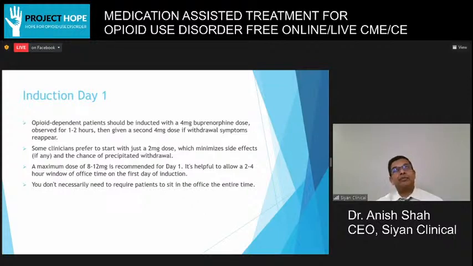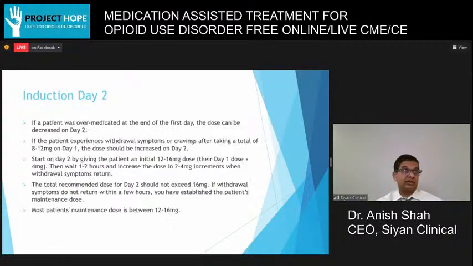Most patients will end up around a 12 milligram buprenorphine dose on day 1. Then you monitor the patient on day 2. For day 2, we have also done visits over Zoom or over the phone. At that time you look for cravings and withdrawal symptoms, ask how the patient is doing, and give them an additional dose of buprenorphine.